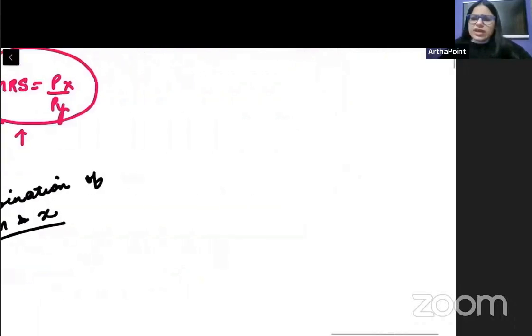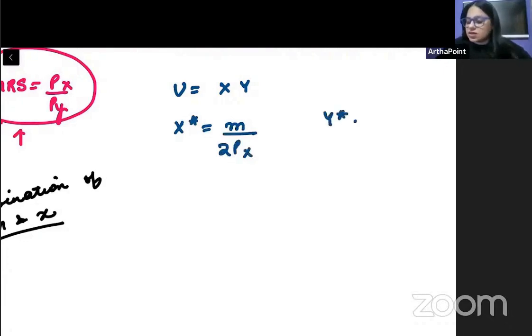So if you remember, let's say I have a utility function XY. We know that if the utility function is XY, तो बच्चे what will be X star? It will be M by 2PX. What will be Y star? It will be M by 2PY. So we know that X is actually a function of income.